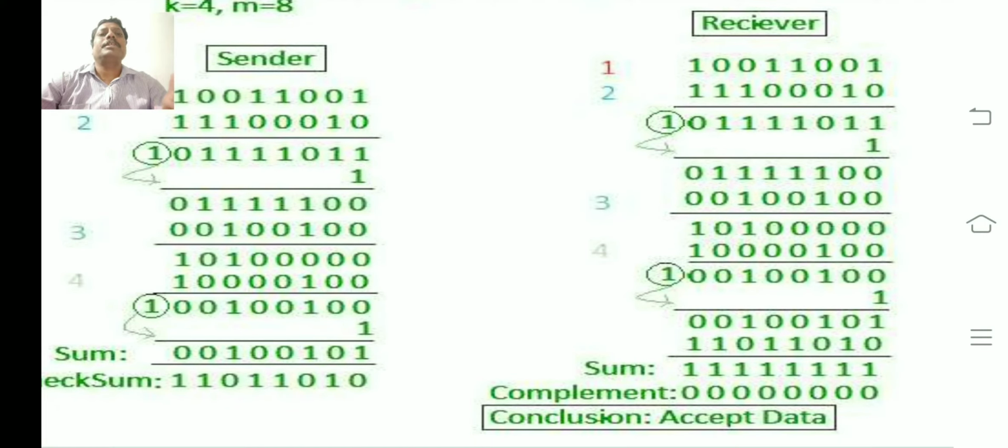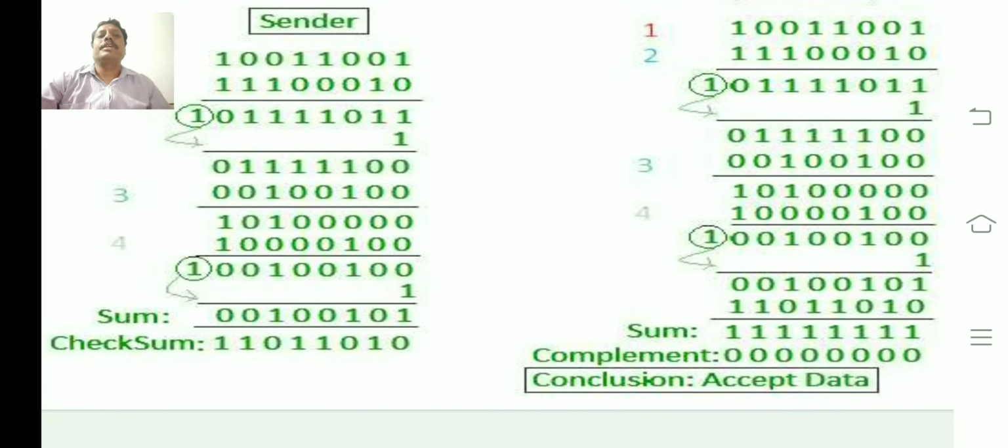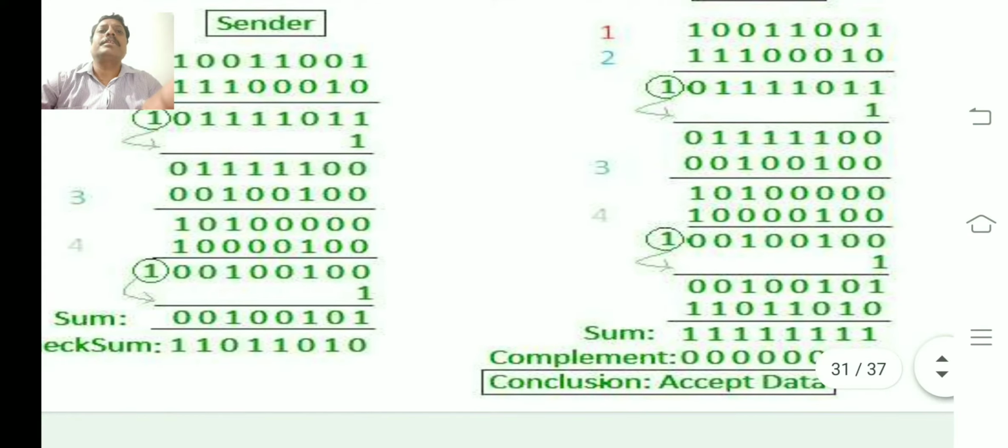So 1 becomes 0, 0 becomes 1, and so on. This is called the checksum. It has to be added along with the data bits. The 4 bytes of data along with the checksum bits will be sent. The last byte, 11011010, is the checksum.